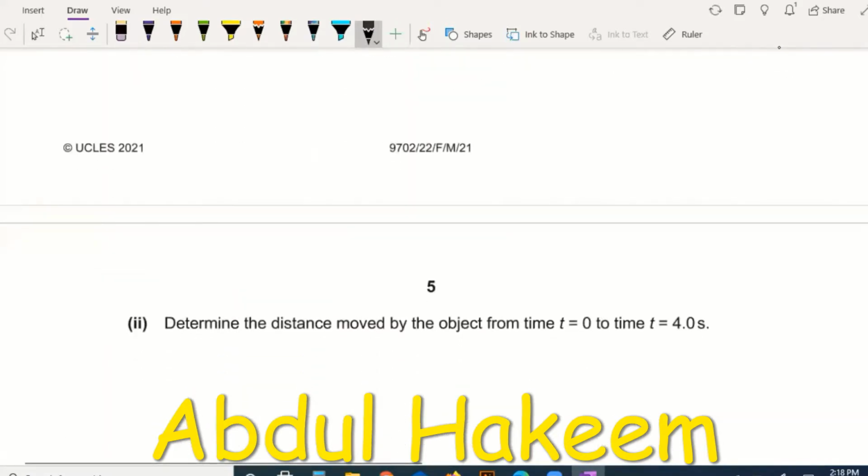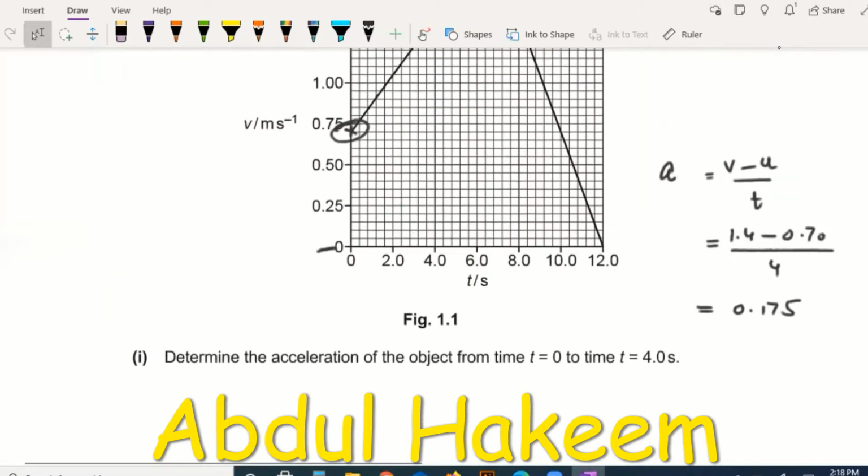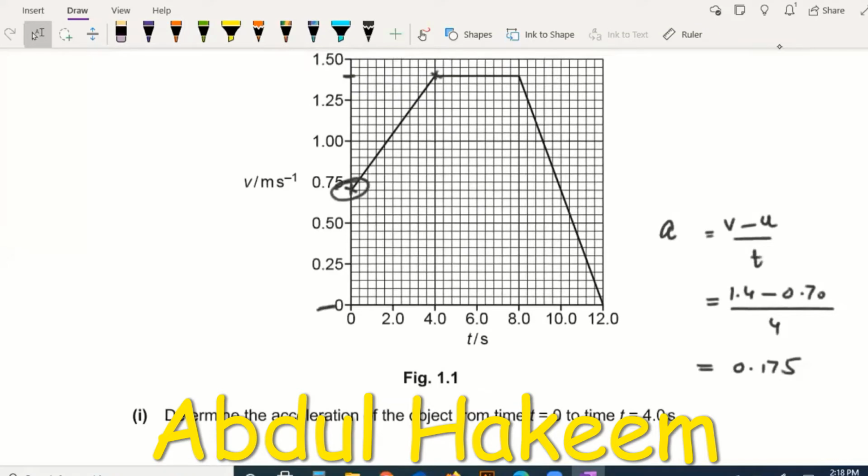Now the next part is to determine the distance moved by the object from t = 0 to t = 4 seconds. From 0 to 4, we have to calculate the area under this graph. This is a trapezium, so the area is the distance: 1/2 times the sum of the parallel sides multiplied by the height.